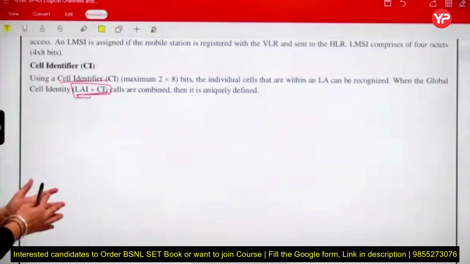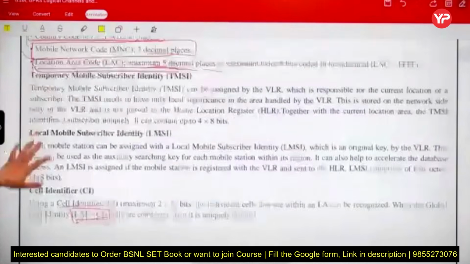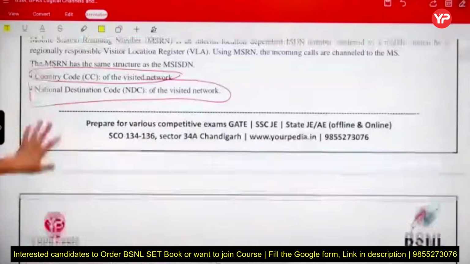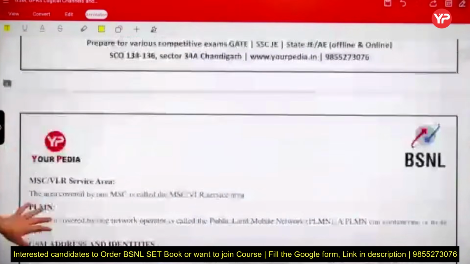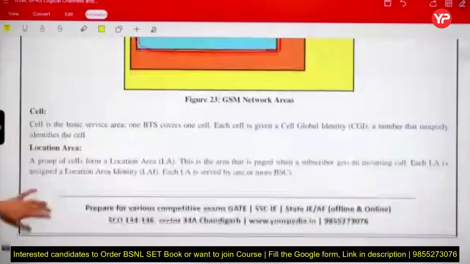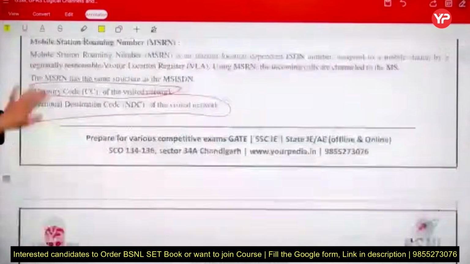So they combine together to uniquely define that this cell lies inside this network. So these are the unique names and how these things are assigned to a particular identity. I already discussed the use of that. So revise this, and we will discuss the rest in the next class.